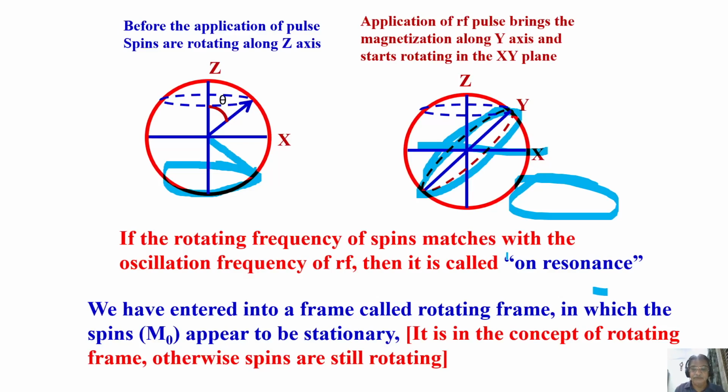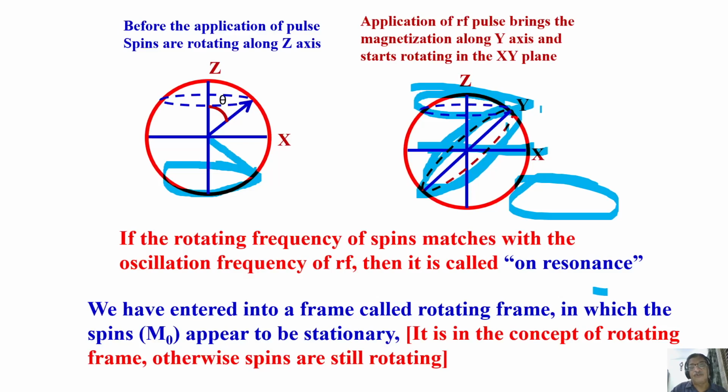What does it mean? If you are in the laboratory frame, along the z-axis, the spins are precessing. But when I go to the xy plane, where the spins are rotating, and I sit in that plane and look at the spins, they appear stationary. That means from the laboratory frame, you move to a frame where the spins are rotating.